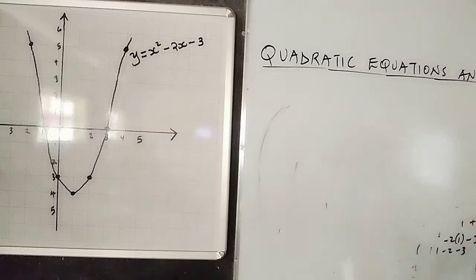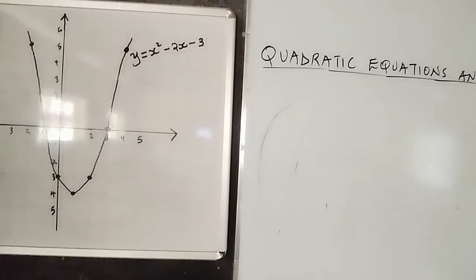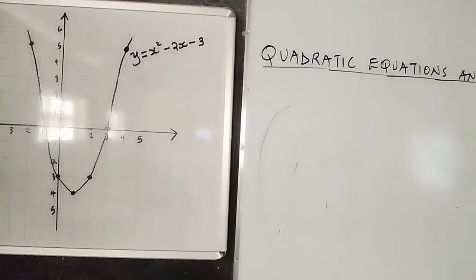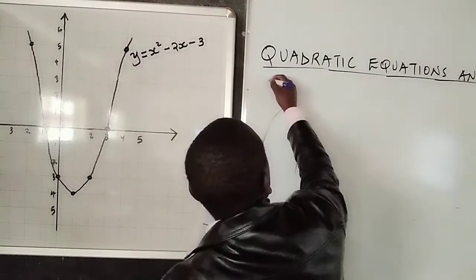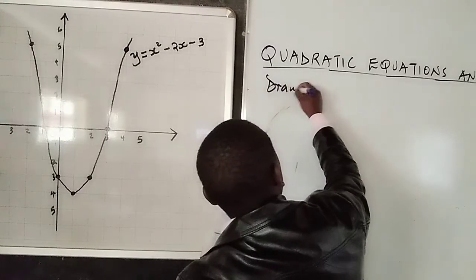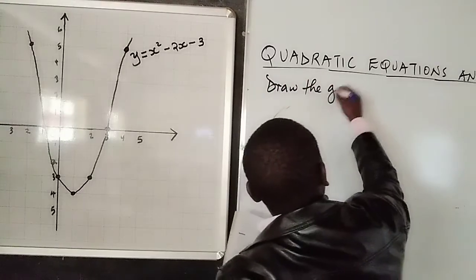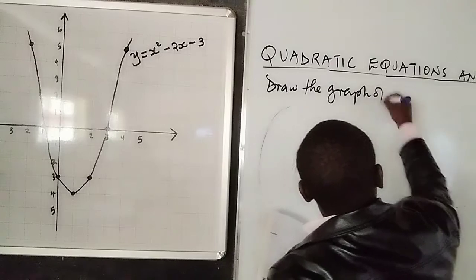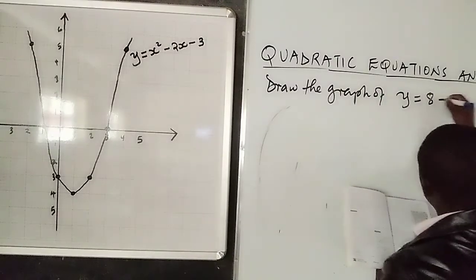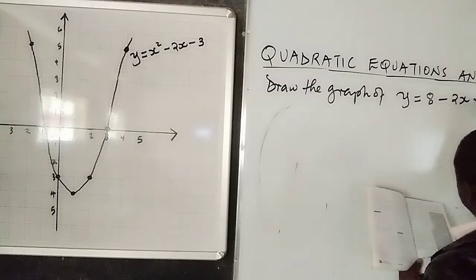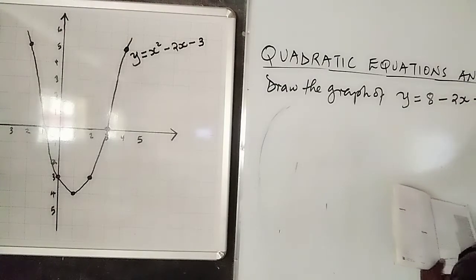When you are taught to draw the graph of the function given, draw the graph of y is equal to 8 minus 2x minus x squared.